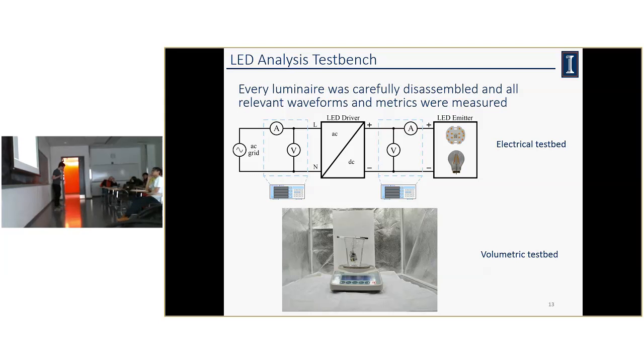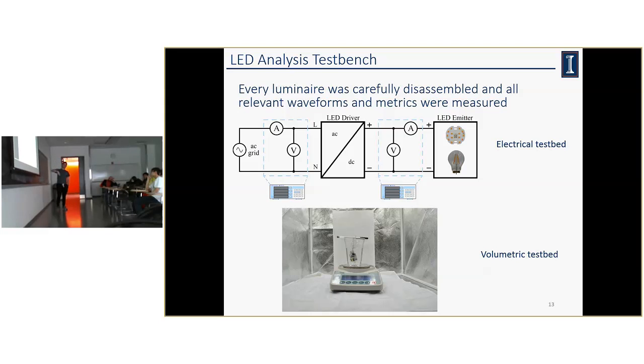So here's the test bench we used. Basically, pretty straightforward, but you just take apart the bulb. You have to be very careful how you do that. We found a way to take the filaments and not break them, because we wanted to try to maintain the same thermal point as if the bulb was still entirely put together.